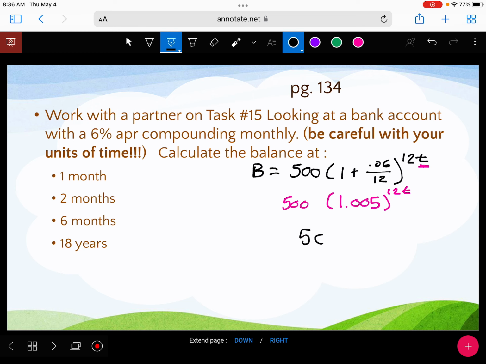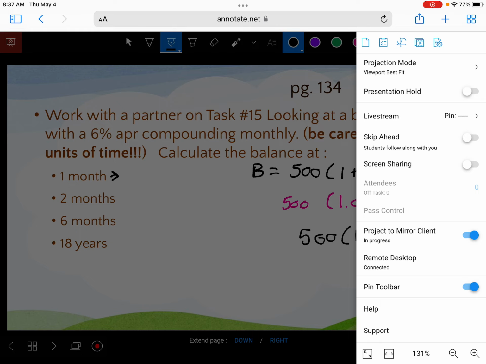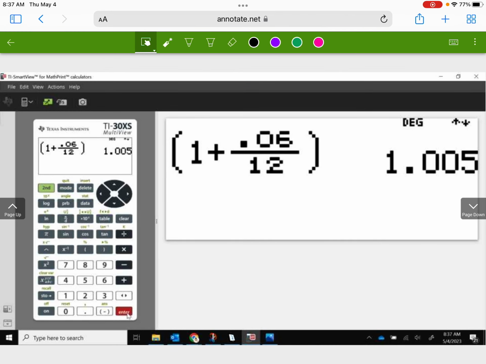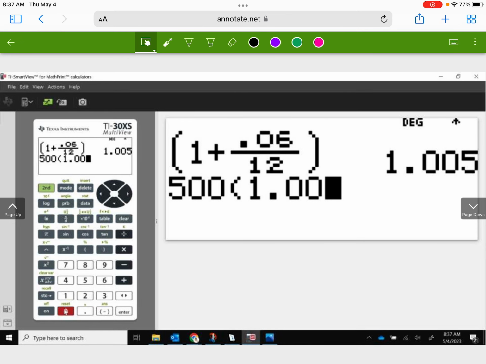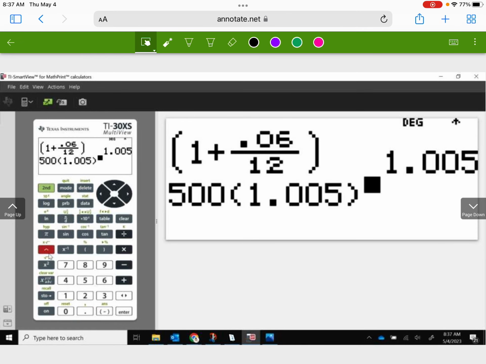Or we could do our 500 times 1.005 per month. So for the first month, how much money are we going to have? Let's see, 500 times our 1.005. And we're doing to the first month, so we'd have $502.50.